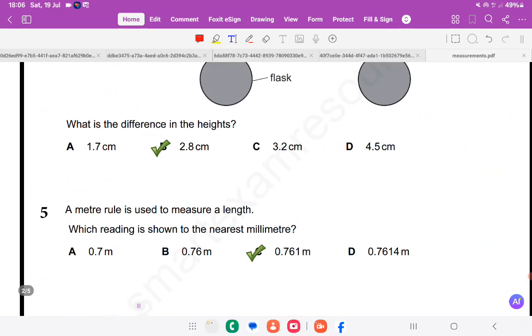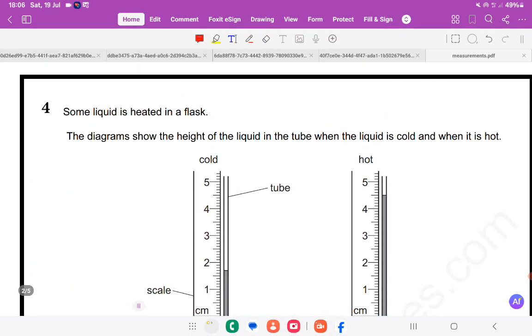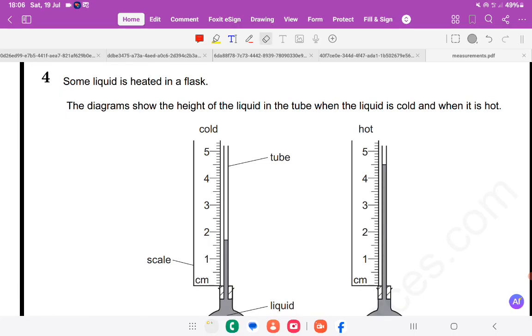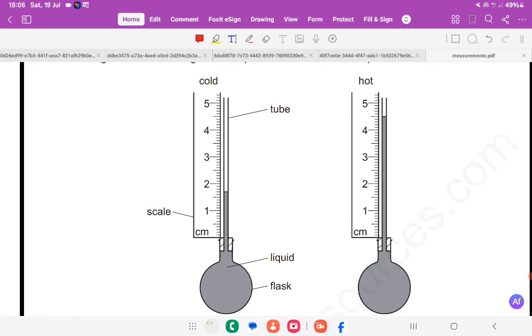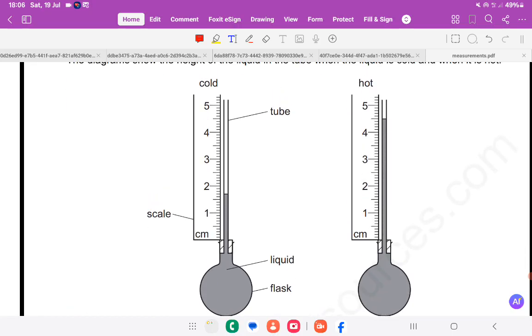Alright, I hope we're together there. Question number 4. Some liquid is heated in a flask. The diagrams show the height of the liquid in the tube when the liquid is cold and when it is hot. Alright, so we have the liquid in a flask.